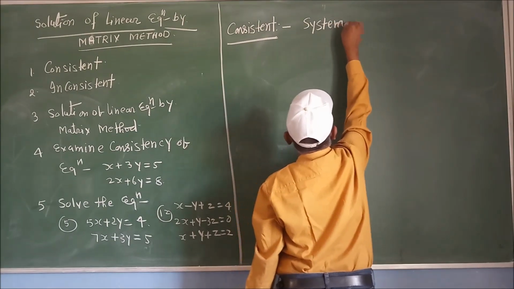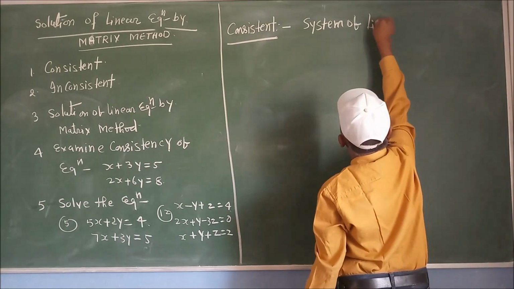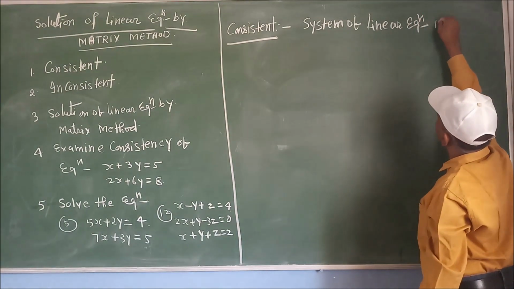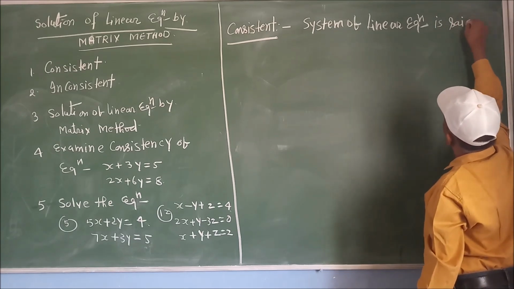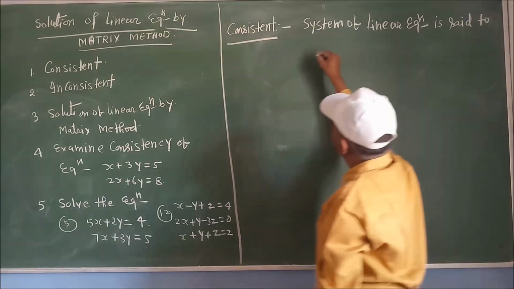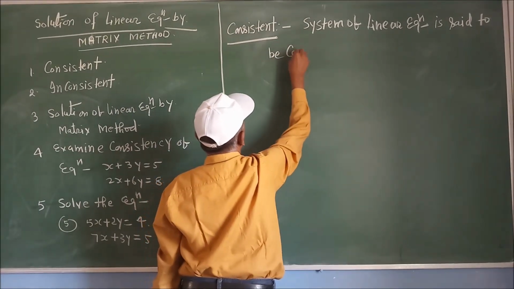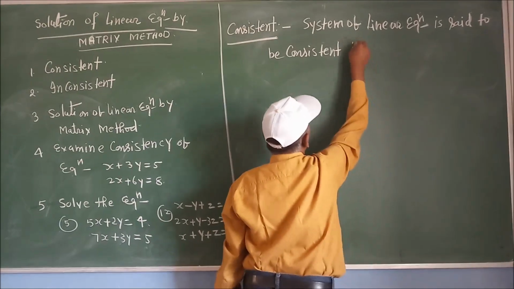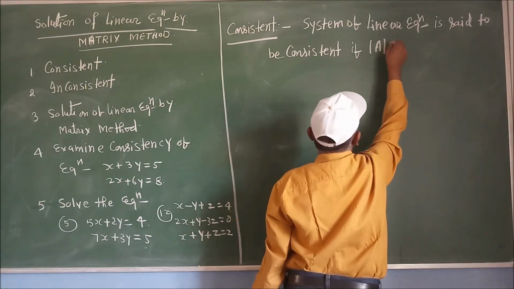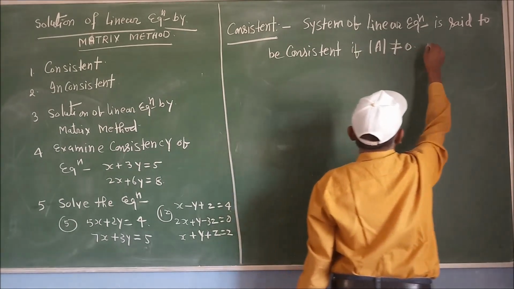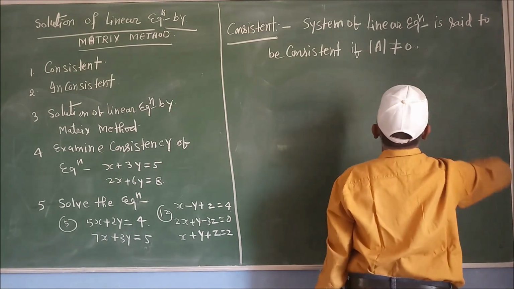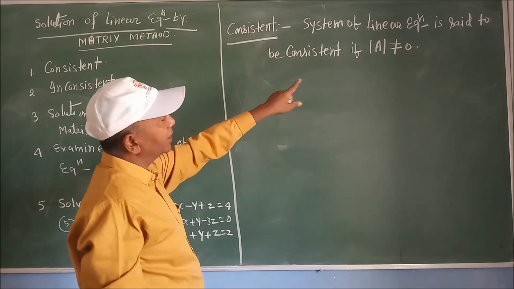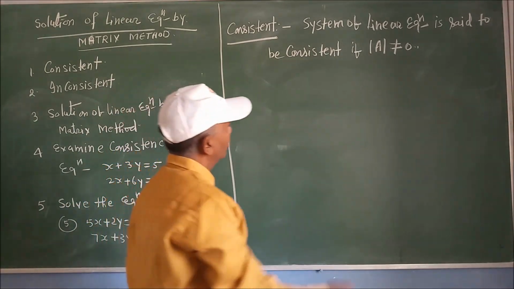A system of linear equations is said to be consistent if determinant of A is not equal to 0.